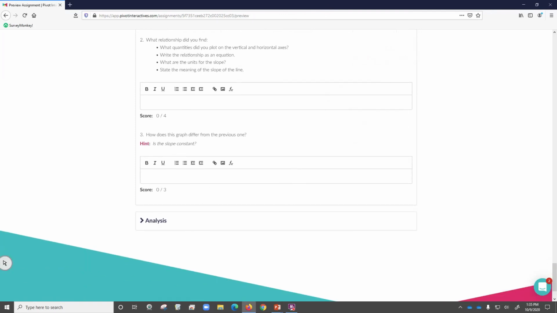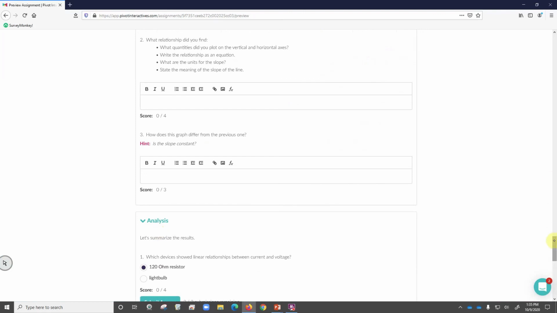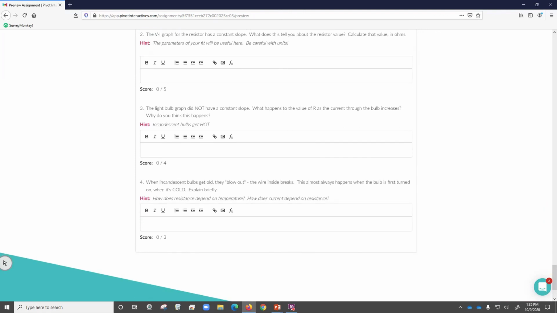So the slope is not constant, and not sure why we call it analysis. Everything else was analysis. So you just continue reasoning, and this part, the last part about the incandescent bulb, is the most interesting.